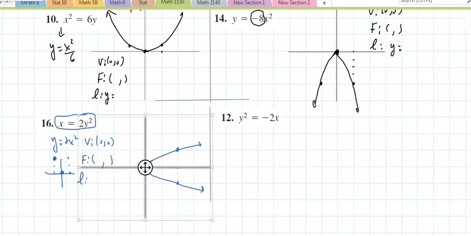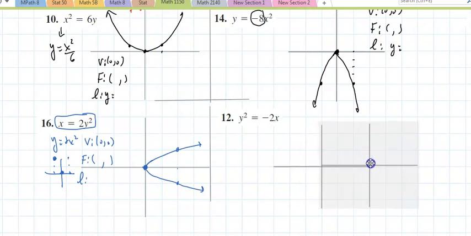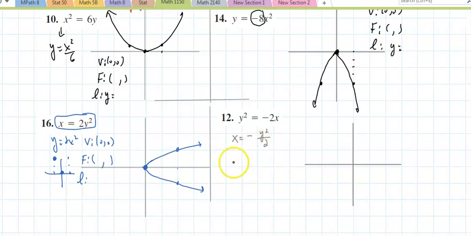And as for this last piece, I didn't give it a grid. Let me give it a grid. Here we go. The grid will be provided on the test. You just have to worry about the graph. So if I'm comfortable with this, that's fine. If not, I'm supposed to graph x equals negative y squared over 2. If I'm not really liking this much, I could go on the side and figure out what y equals negative x squared over 2 looks like. 0, 0. 1, negative 1 half, and negative 1, negative 1 half.